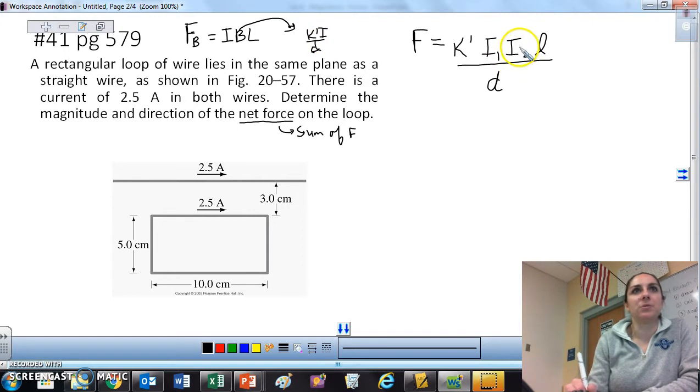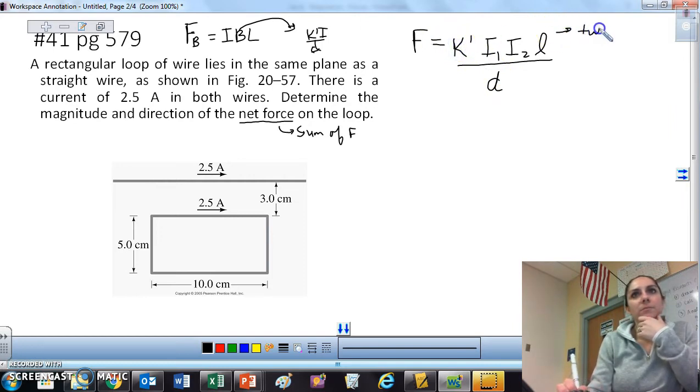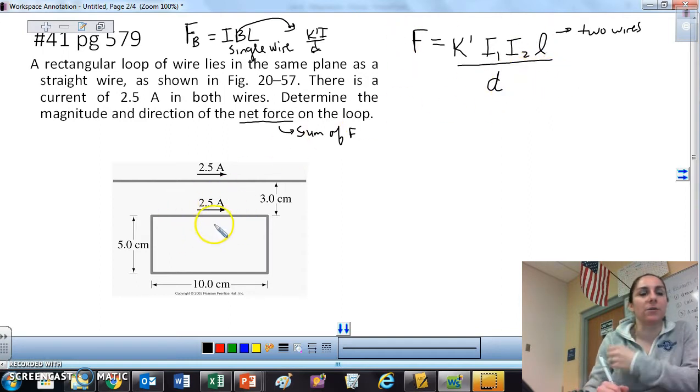So that's why we have two I's here, where this is the length of the wire and this is the distance between the wire. So this is, of course, for two wires, where this is single wire. Like that.